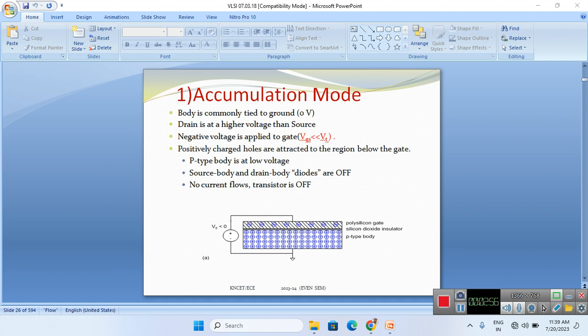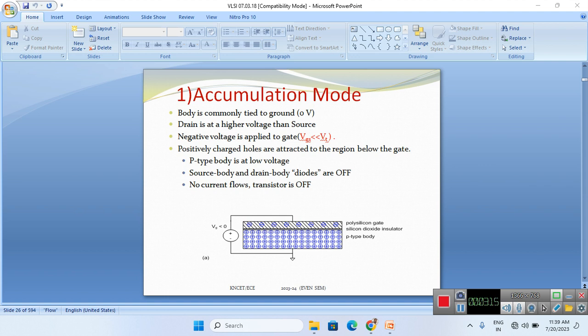Here we apply a gate to source voltage less than VT. The substrate is made of p-type material, and this is a polysilicon gate. We apply a gate to source voltage less than the threshold voltage, or less than 0.